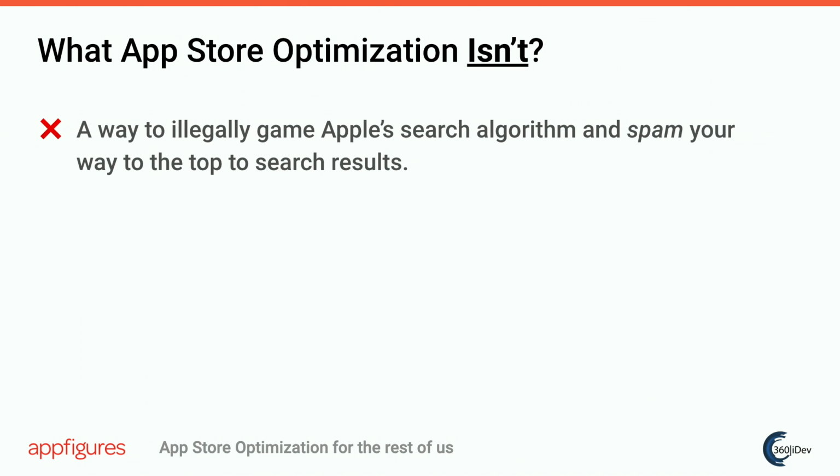So one, and I heard this from people here over the last 24 hours, is that App Store optimization is illegal. It's a way to spam the App Store. What? It's a way to trick the algorithm to get your app to the top. None of this is true. Nothing is illegal. Apple actually has some guidelines on how to use keywords in your app name and your subtitle. So all this is stuff you should do.